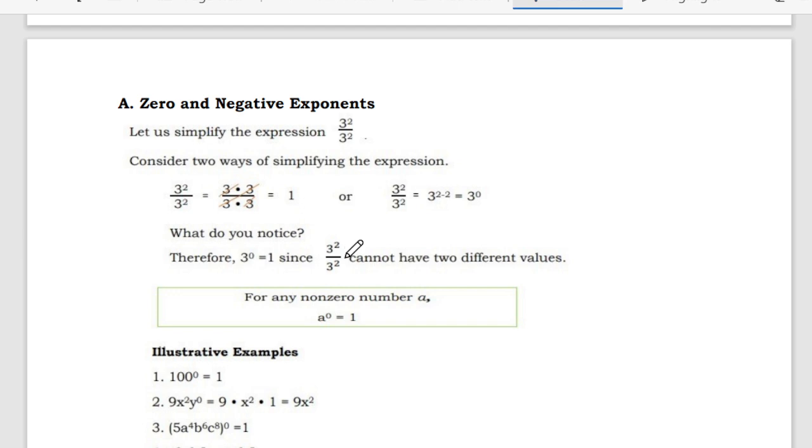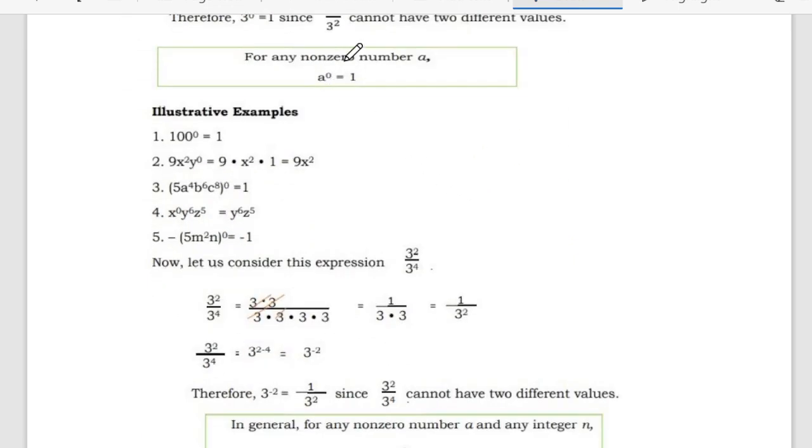So since 3 raised to 2 divided by 3 raised to 2 cannot have two different values, therefore we can say that for any non-zero number a, a raised to 0 is always equal to 1.